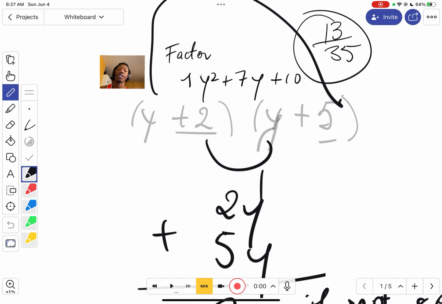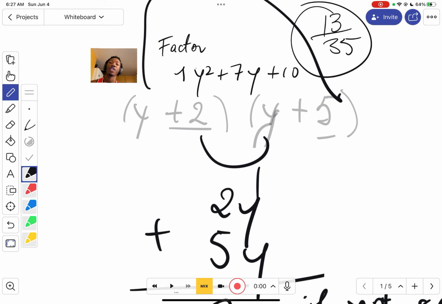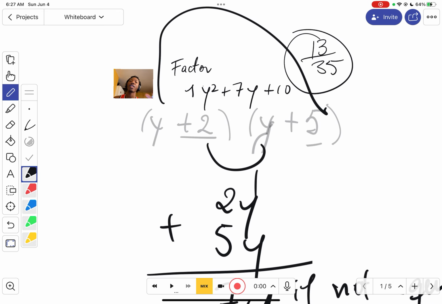So that's the way you can check it. You multiply the inner, you multiply the outer, you add them together, and it should give you the middle term. And if it doesn't give you the middle term, that just means you made a mistake, and you have to go all the way up again so you can get the numbers.